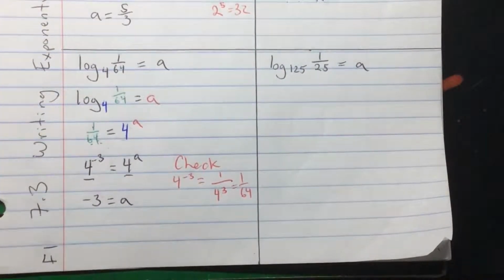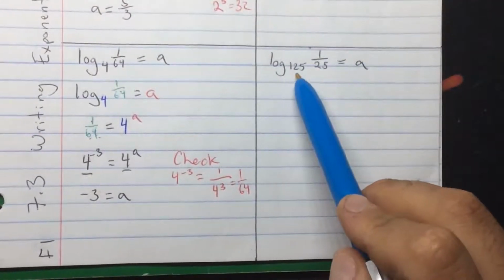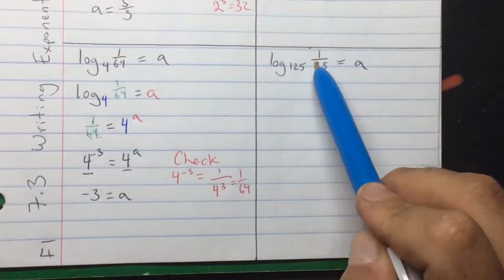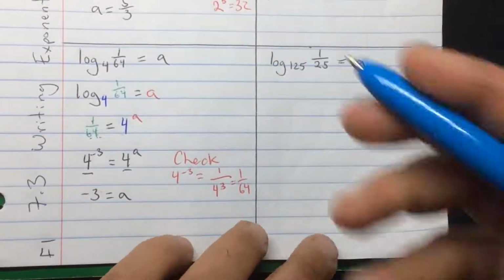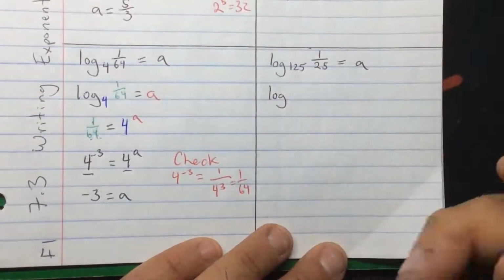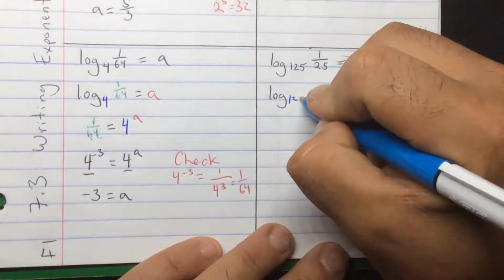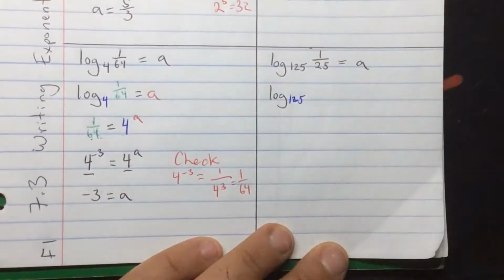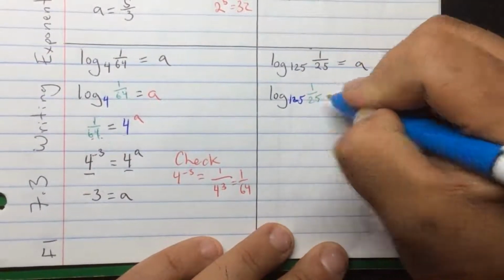There we go. All right, so now we're going to do the next one. For this one, we have log base 125 of 1 over 25 is equal to a. Once again, we're going to rewrite everything in their colors. So we have the log of base 125, which is blue, of 1 over 25.